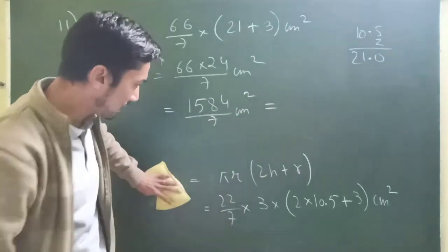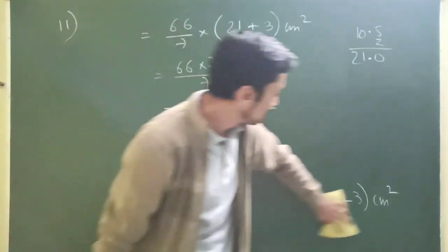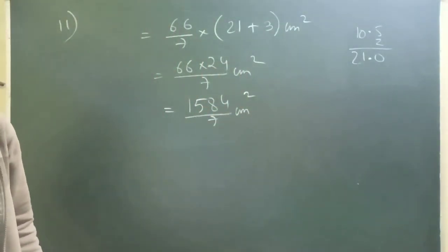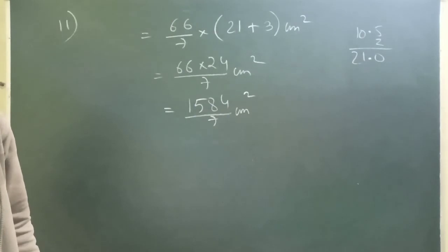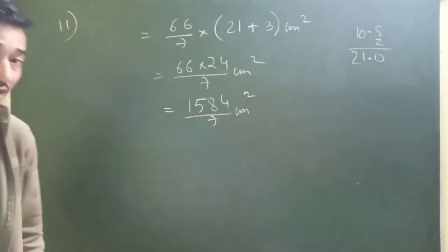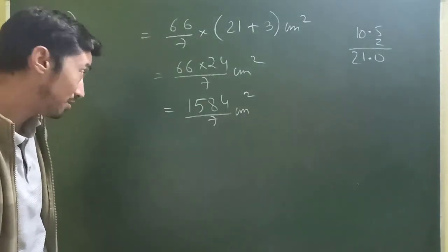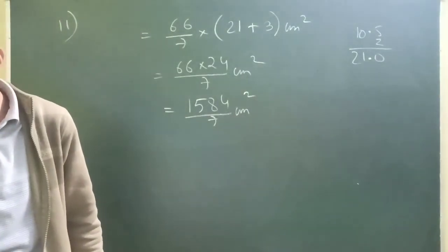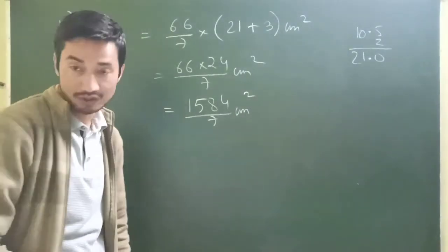So the total area of cardboard required for one pen holder is 1584 divided by 7 centimeters square. Let's keep it like this because we have to find out the total area of cardboard required for 35 competitors.